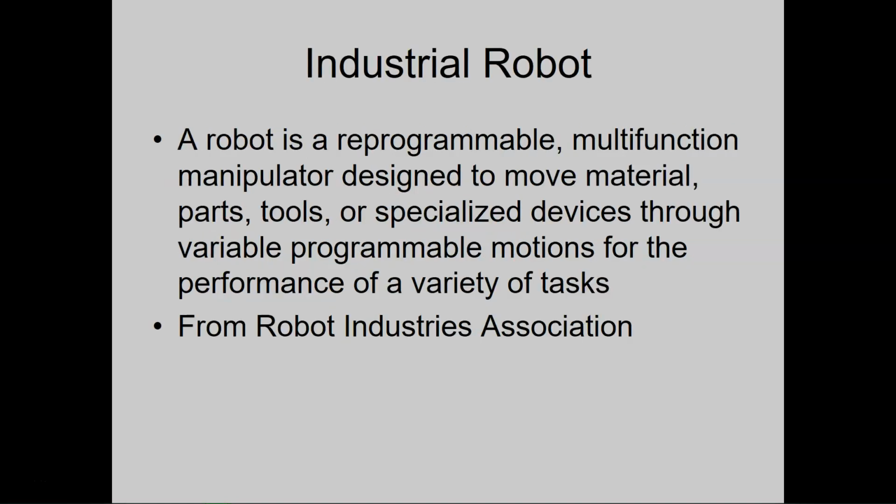So an industrial robot is something that is reprogrammable, has a multifunction manipulator designed to move material, parts, tools, or specialized devices through programmable motions for the performance of a variety of tasks. So the biggest key words for a lot of robots tend to be reprogrammable and something along the lines of multifunctional.